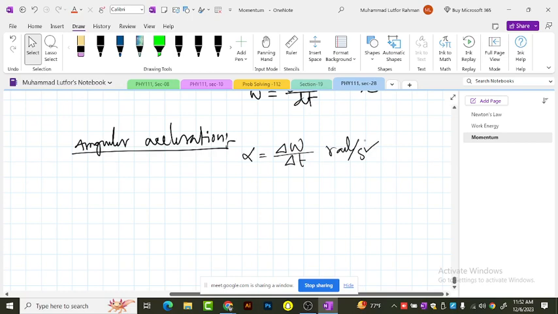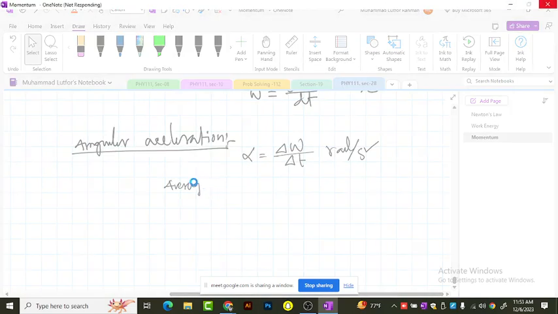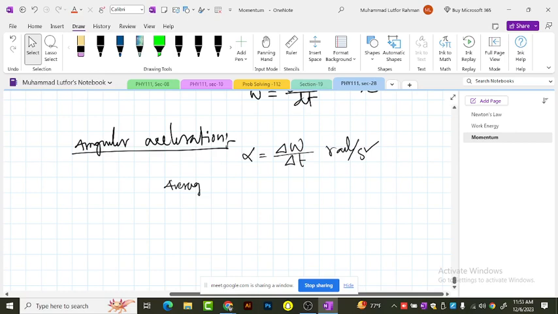This is also known as the average angular acceleration.